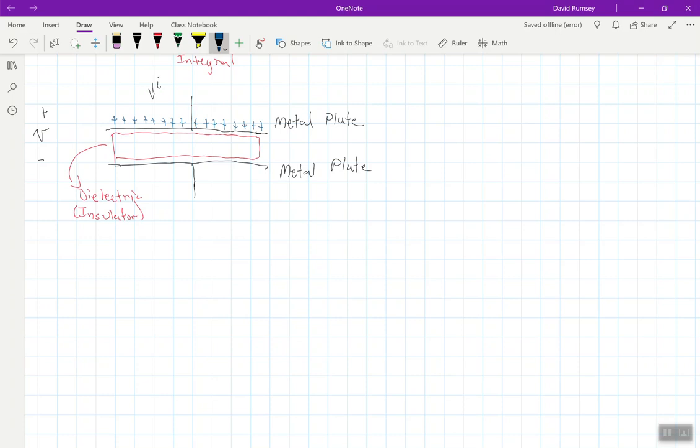And if I've got a bunch of positive charge up here, that means to balance the charge out so that I don't suddenly create new charge, I'm going to have negative charges located down here. And basically what this gives me is some kind of an electric field.